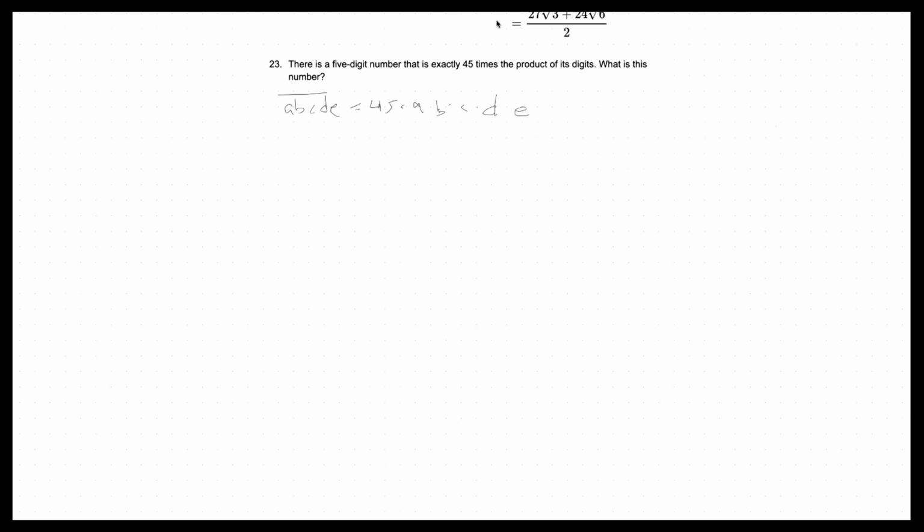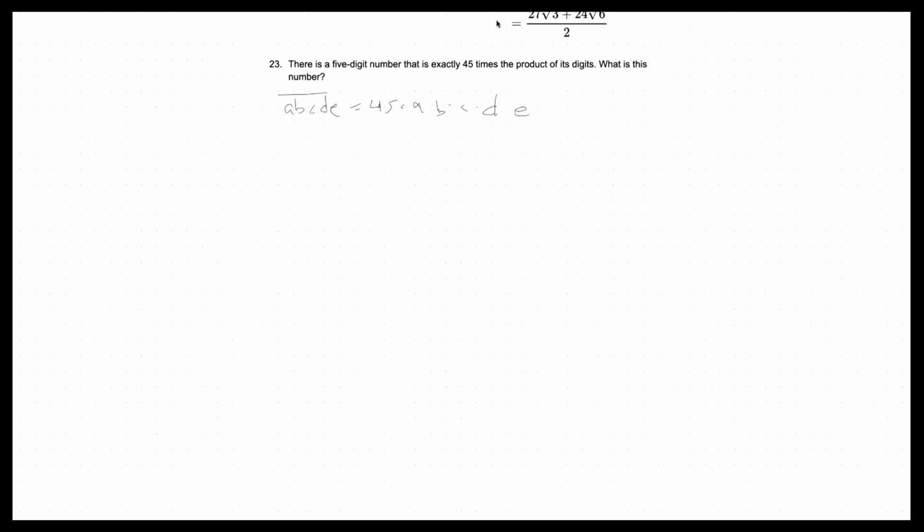And then basically you can first observe that if any of A, B, C, D, or E is even, then that means that 45 times A times B times C times D times E would end in a 0. So then that would mean that E is 0, right? But that's not possible because if E is 0, then the right-hand side would be 0 times a number.